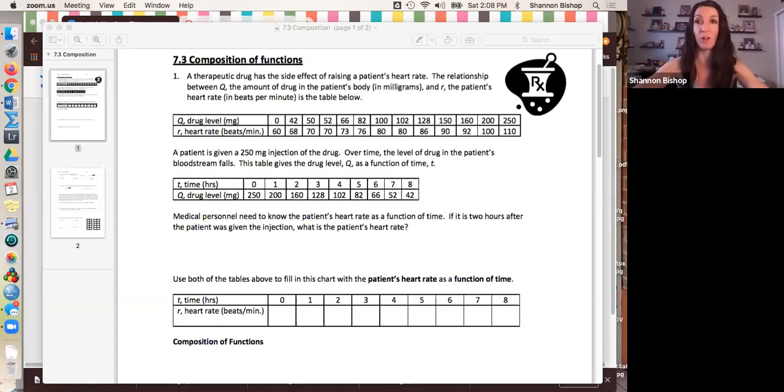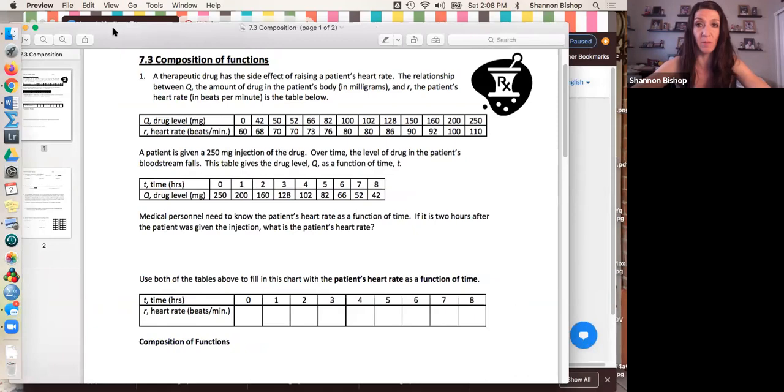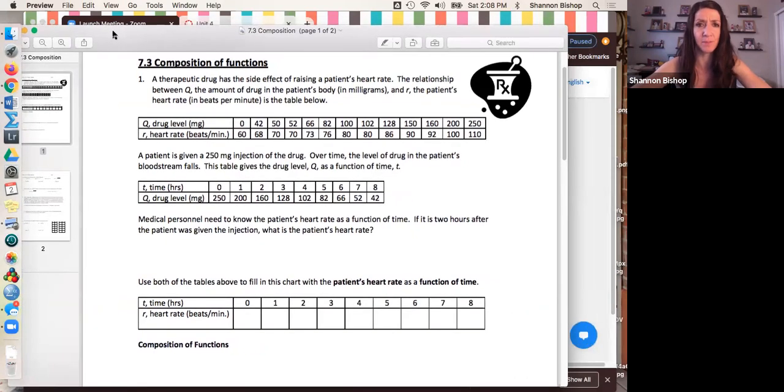So the context that we're going to be looking at to understand the idea of composition is this one right here. And this is a pretty realistic phenomenon. This is definitely something that occurs in real life and certainly in medicine. So the context here is that we have a drug, but that drug has a side effect of raising a patient's heart rate.